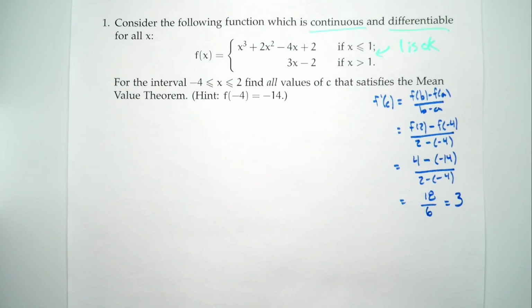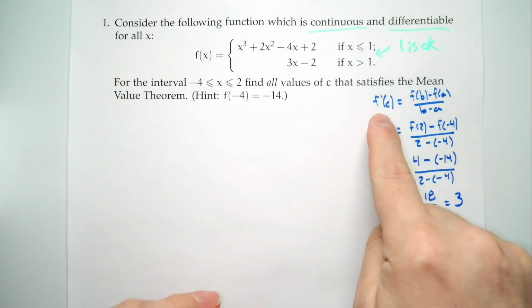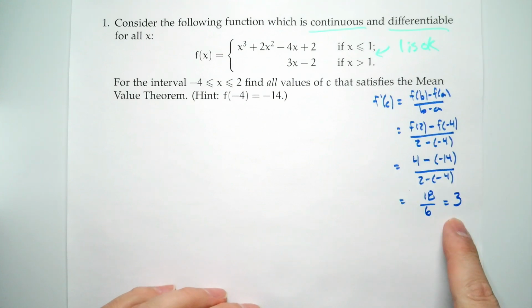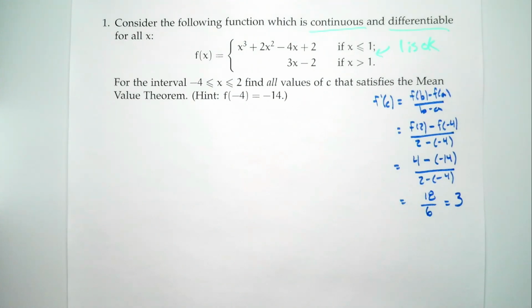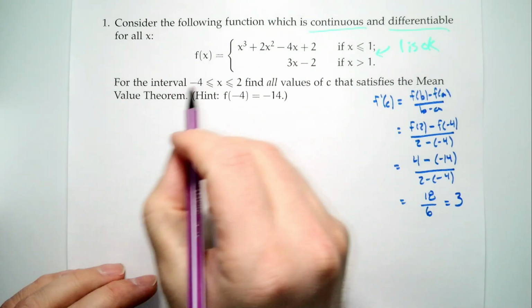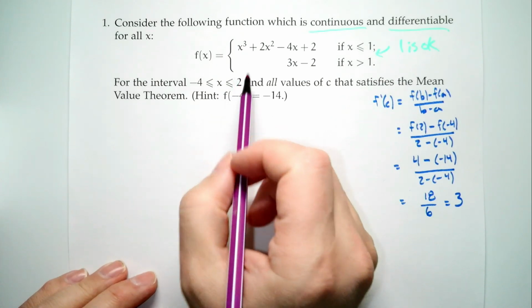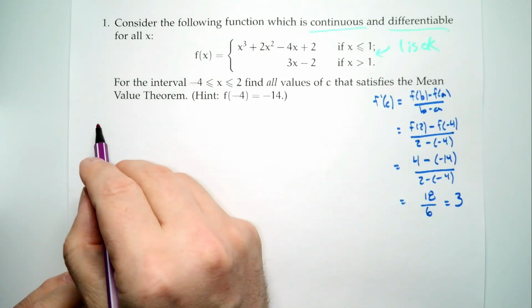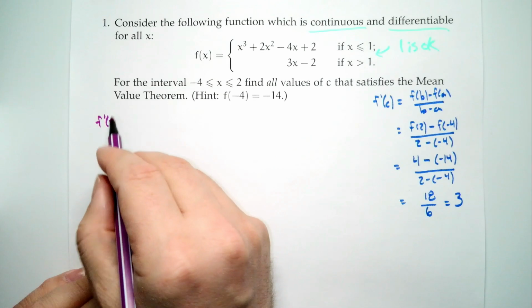So, what are we looking for? Well, we're looking for some place where the derivative is 3. Okay, so the next thing we should do is find the derivative. The nice thing is, if I have a piecewise function, I also have a piecewise derivative.